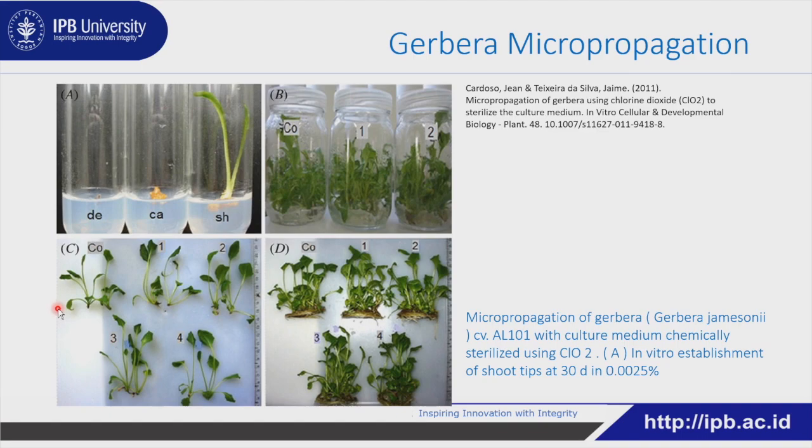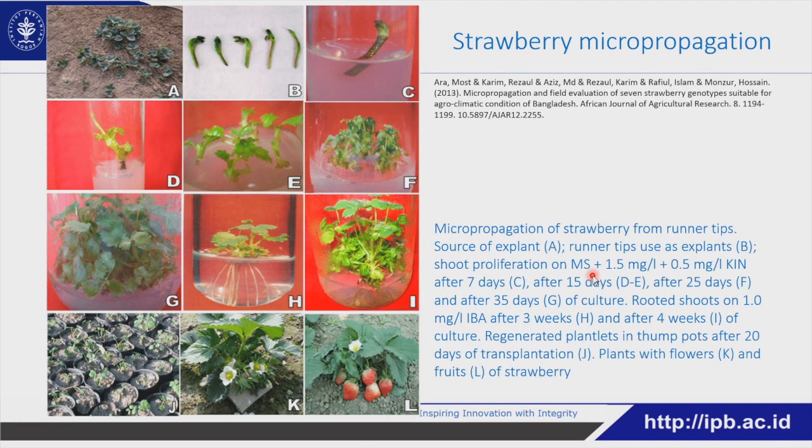So they induce it in vitro, and they can produce new shoots and then separate them like this. Compared to the natural condition it's easier, and they can produce a lot of new plants. Strawberry is also popular for its use.